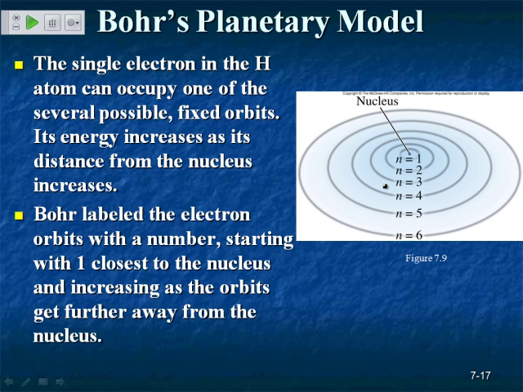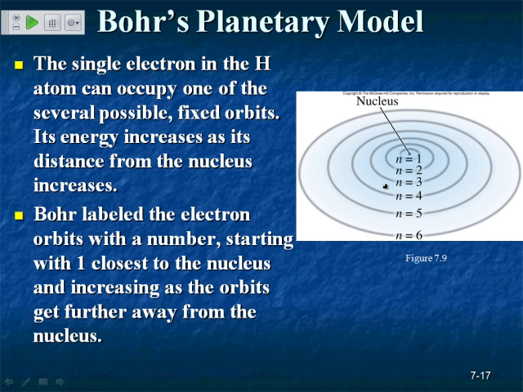So he said in hydrogen, here is the nucleus, which is like our sun, and these are the orbits, circular pathways. And he said the single electron in hydrogen can occupy one of several possible orbits. These are all possibilities for that one single electron. And he labeled these orbits, the closest one to the nucleus, as n equals 1.